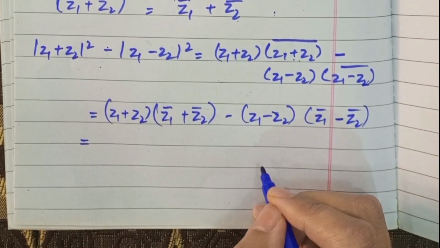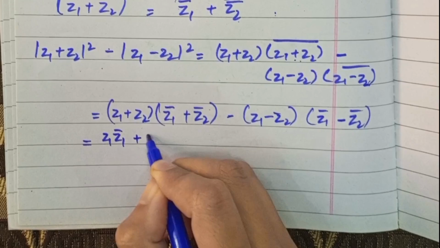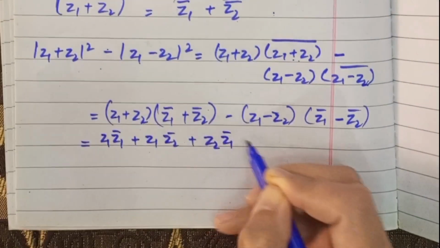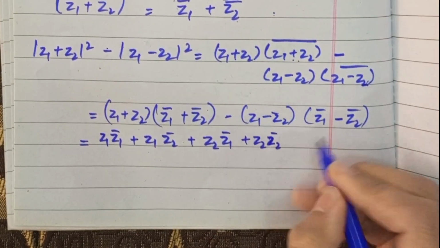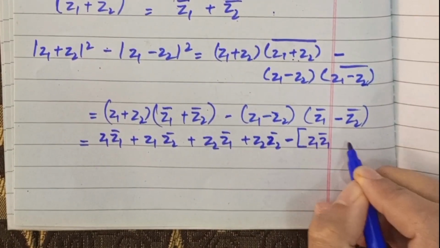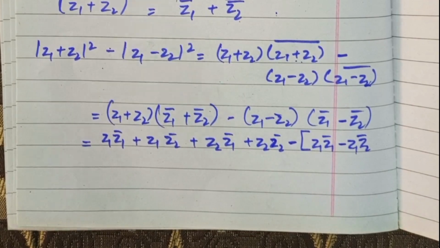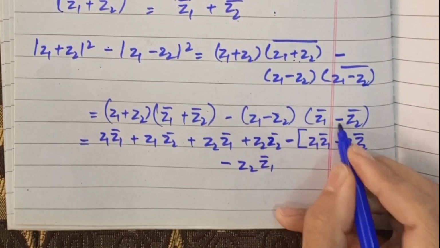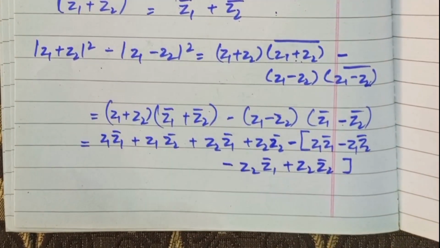Now we are going to multiply them. z1 z1 conjugate, z1 z2 conjugate, z2 z1 conjugate, z2 z2 conjugate. Here the minus sign: z1 z1 conjugate minus z1 z2 conjugate minus z2 z1 conjugate plus z2 z2 conjugate.